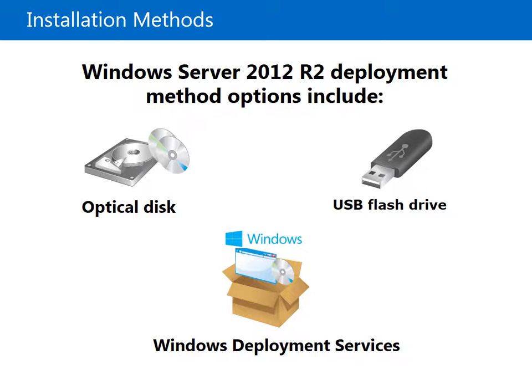So when we talk about installing or deployment, we have our optical media. We have our deployment services, whether it's WSUS or the newer service updates, or we get into Altiris, VMware, a third-party tool that can go through and do that.